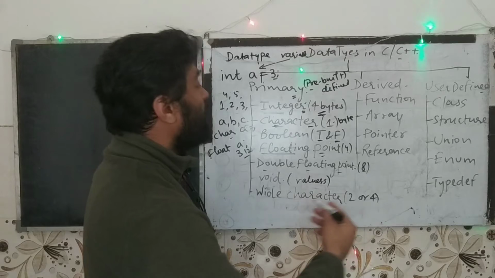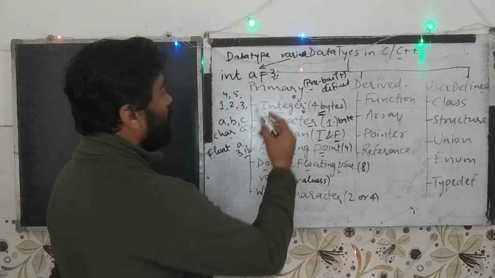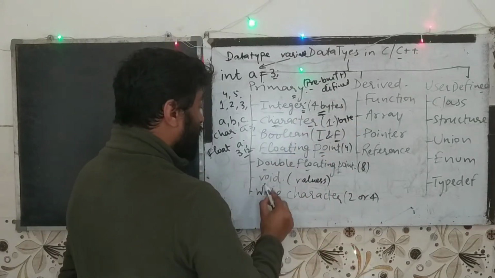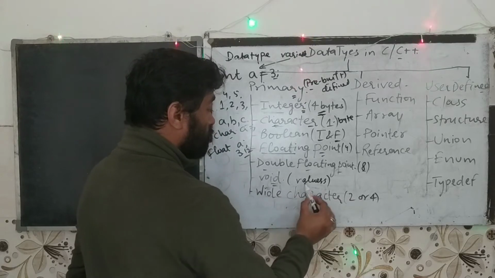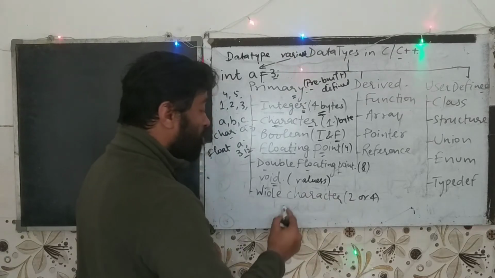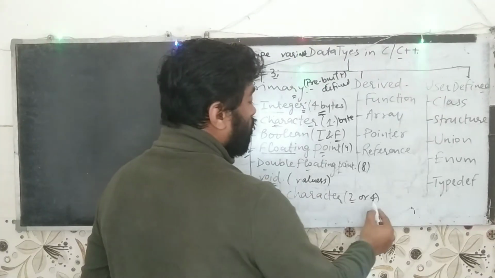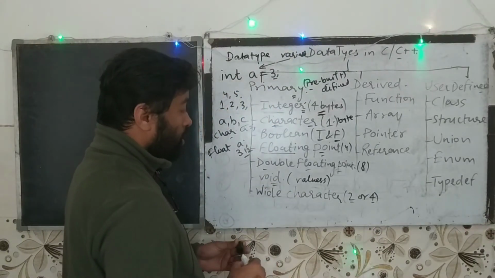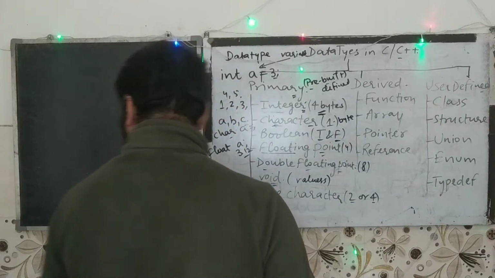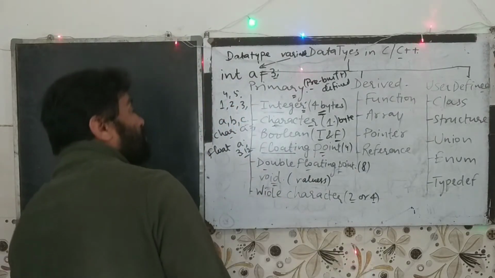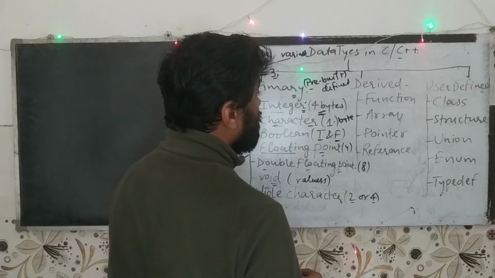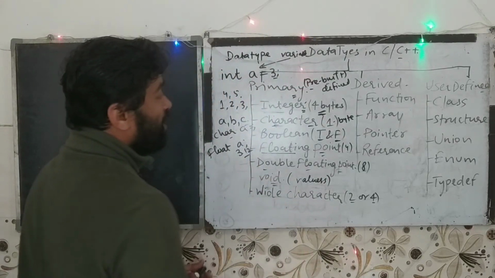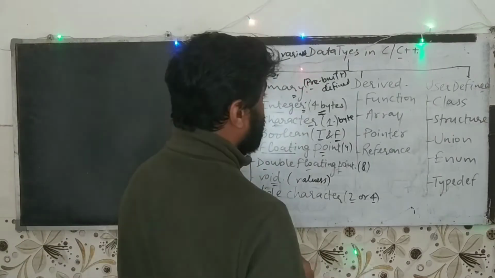But for understanding, you must say that these are predefined data types, and void is valueless. And void character will use 2 or 4 bytes of data. Next, I will explain how derived data types are used to store values.